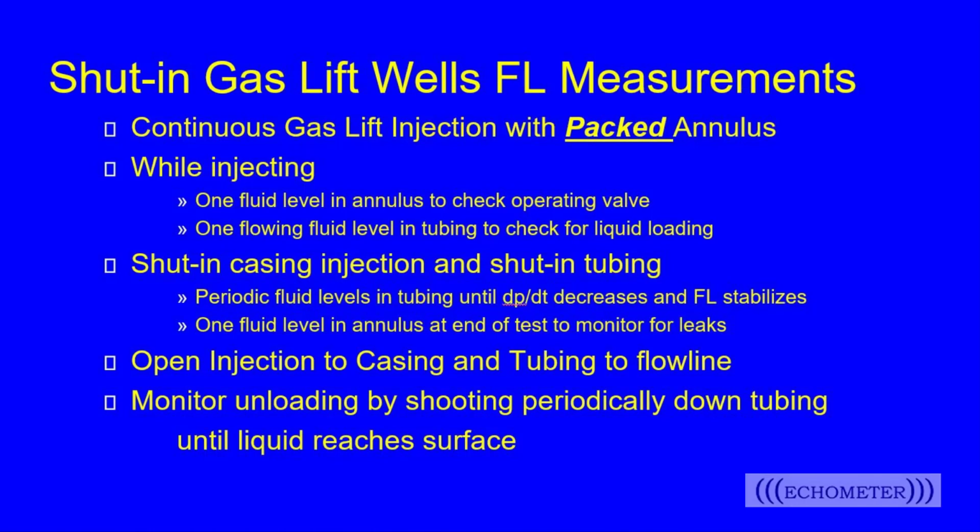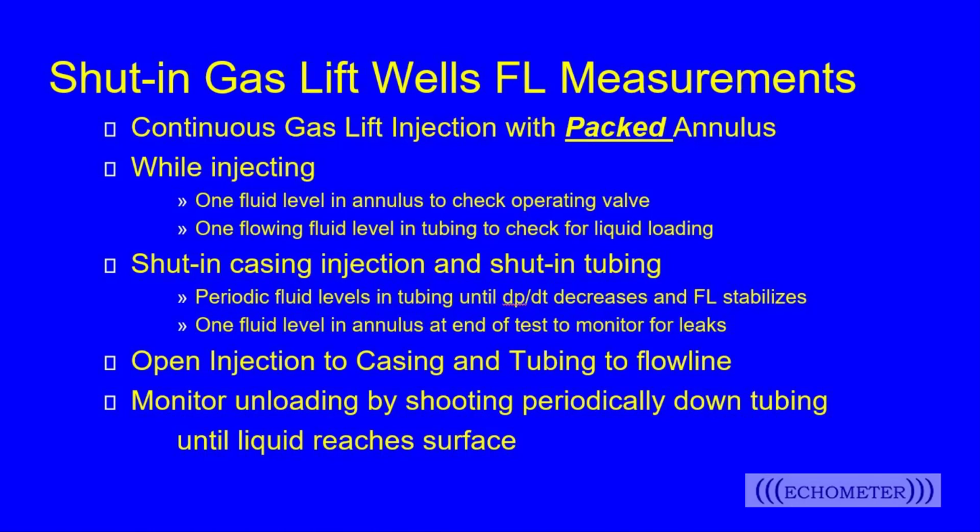But if perhaps we've got gas going in a valve that's up above the liquid level, we may be cycling some gas. We may not have enough gas in there to lift the liquid to the surface. We may, in essence, have what would be like a liquid-loaded gas well. So if we shoot one down the tubing, that would just be a good quality control check. Ideally, again, it should be at the surface, but it might help us identify problems.